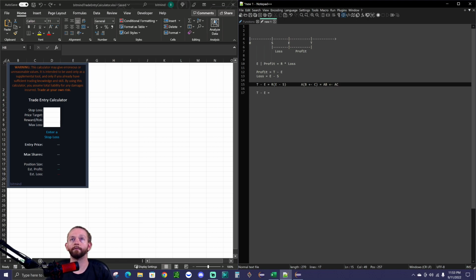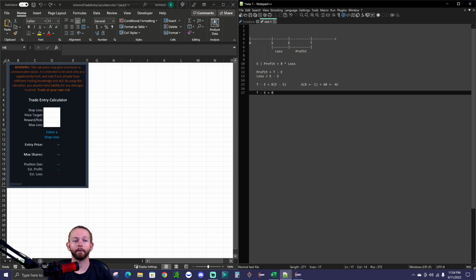That is the distributive property in algebra. So we can do the same thing with R here. We can do RE minus RS. So now we have that separated out, minus RS.